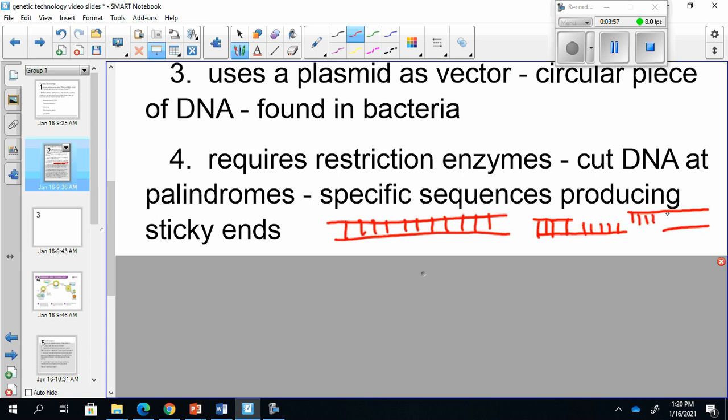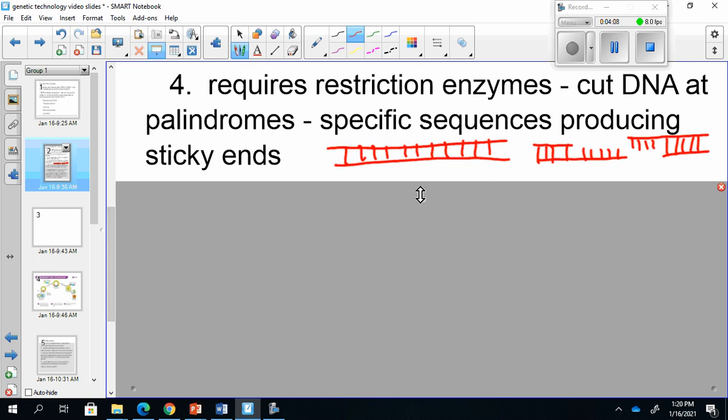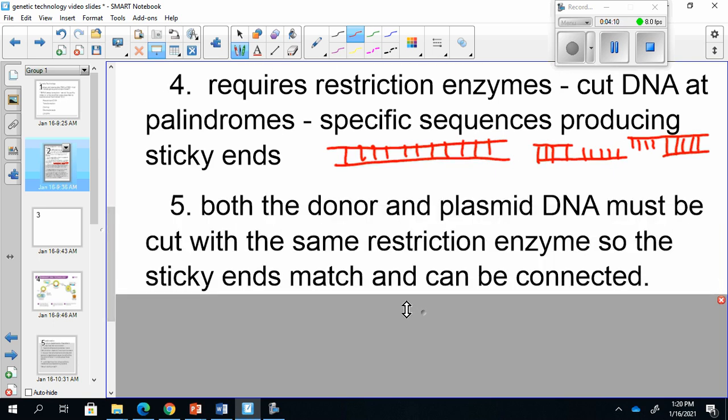This is open. Now, those sticky ends can then insert an extra gene in the middle of there and insert that into your plasmid. All right, so both the donor and the plasmid have to be cut with the same restriction enzymes. If they're not cut with the same restriction enzymes, they're not going to have the same sticky ends, so they're not going to connect.